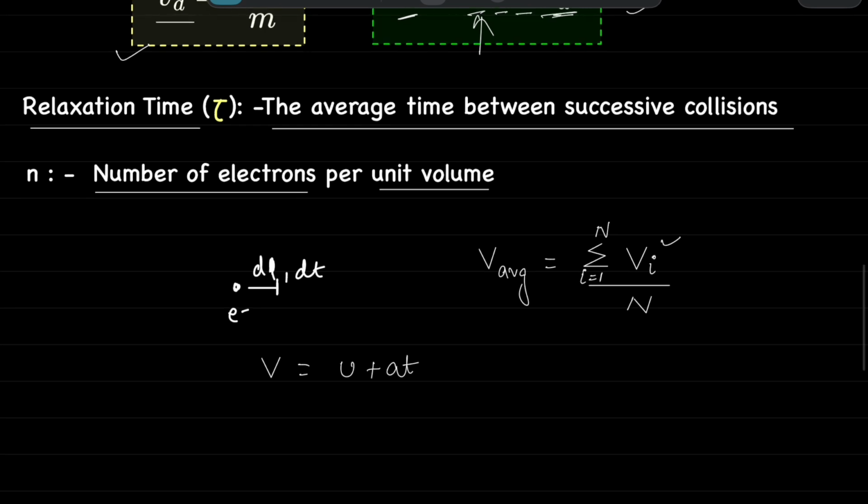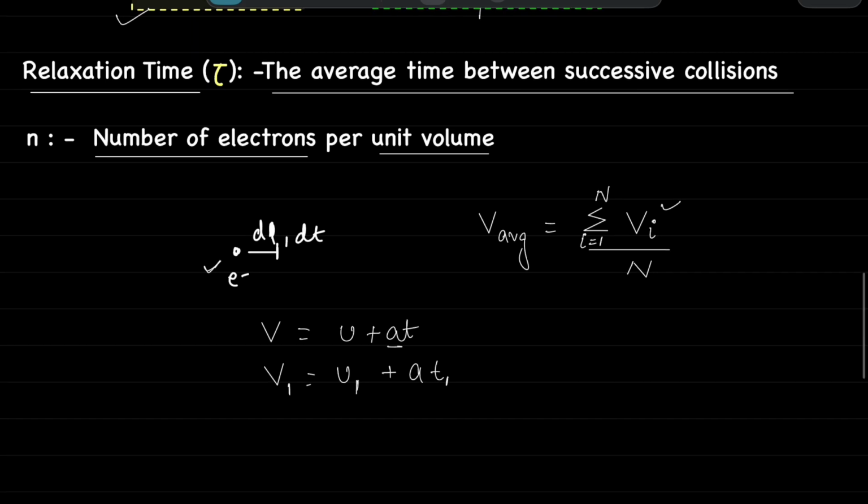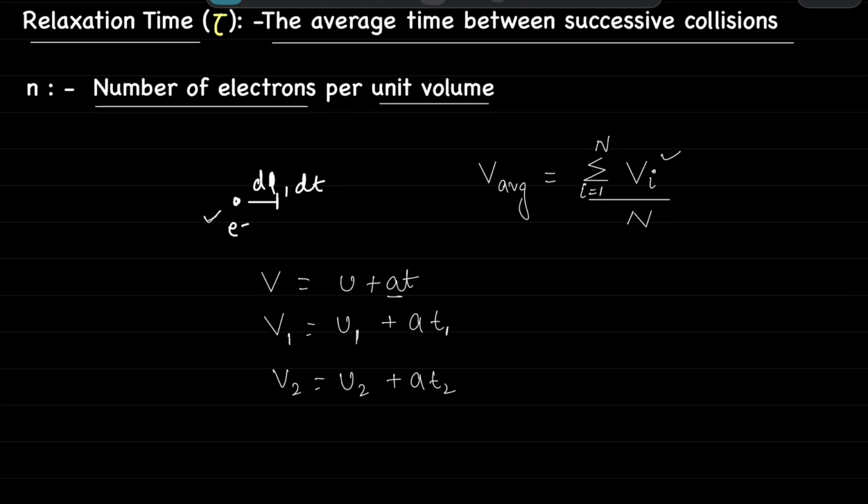Suppose this is our electron 1, so V1 is equal to U1 plus A into T1, as the acceleration is the same for all the electrons. If we have a second electron, it is V2 equal to U2 plus AT2. In the same way, if we have n number of electrons, we can write Vi is equal to Ui plus ATi.